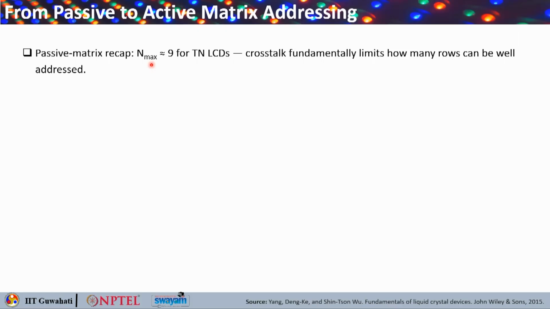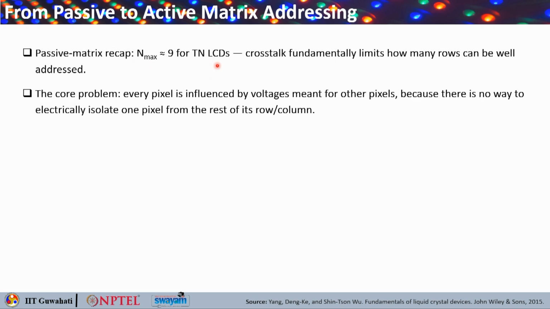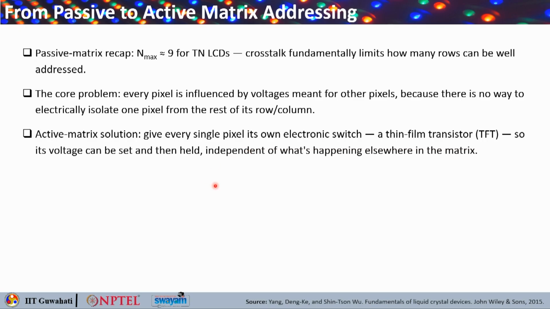So you basically want to go up to a maximum of n equals 9 for twisted nematic LCDs to keep the crosstalk minimum. Now the core problem here is that every pixel is influenced by voltages which are meant for other pixels. Thereby there is no way to electrically isolate one pixel from the rest of its row or column, and that brings us to the active matrix solution.